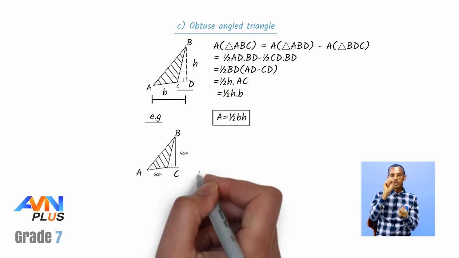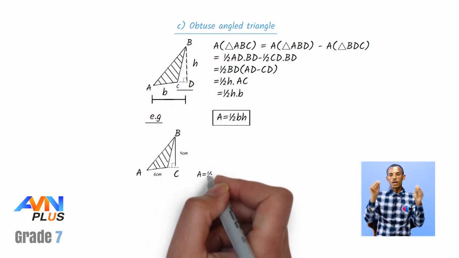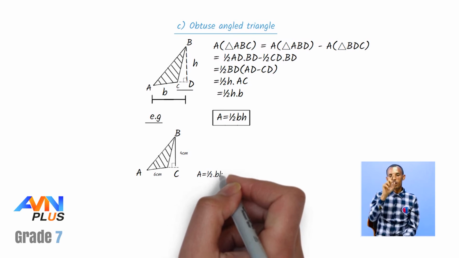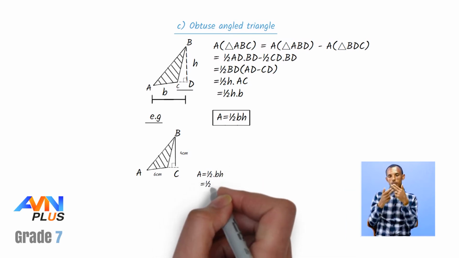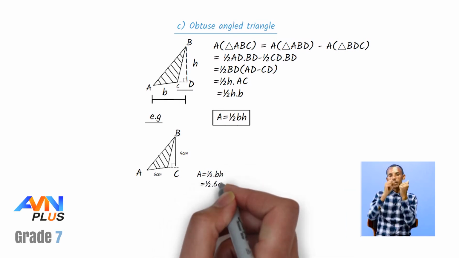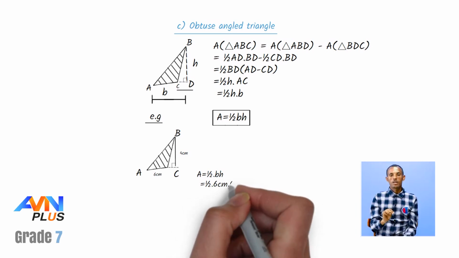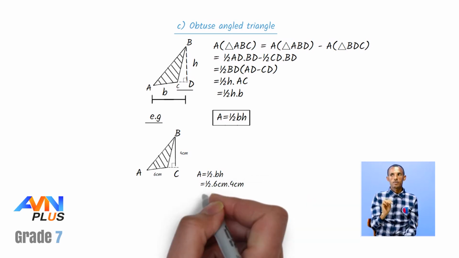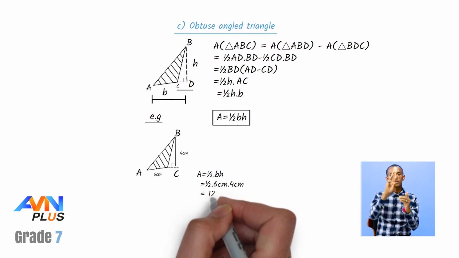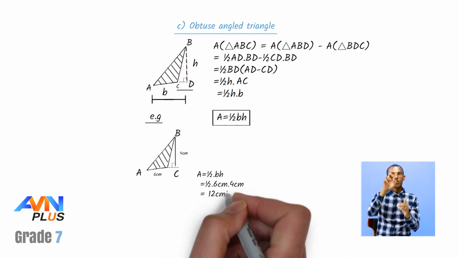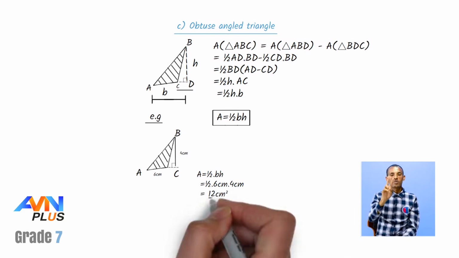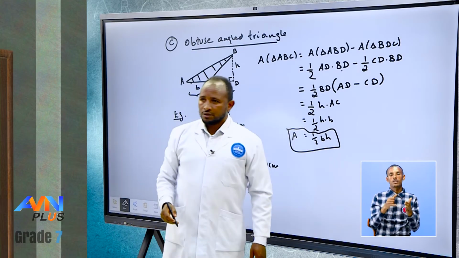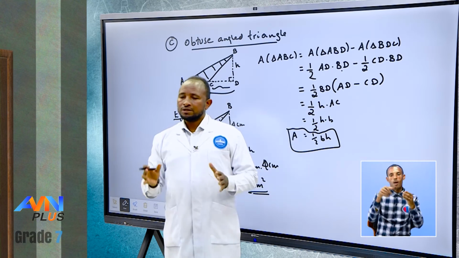So area of this triangle will be half times base times height: half times the base 6 centimeter, and the height 4 centimeter. Therefore, 6 times 4 is 24, over 2 is 12. This will be 12 centimeter square. That's it. So this is all about today's lesson.